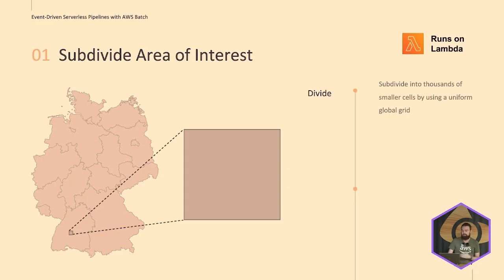There can be thousands of them. You can use a uniform grid, basically like a cookie cutter, and it intersects with it. And that's your smaller units that you can process at the same time. How the code works isn't important here, but you can also apply this to any other problem. It can just be text. In this case, it's imagery because it is extracted from satellite imagery. It can really be any data that you want to divide up and process in parallel.